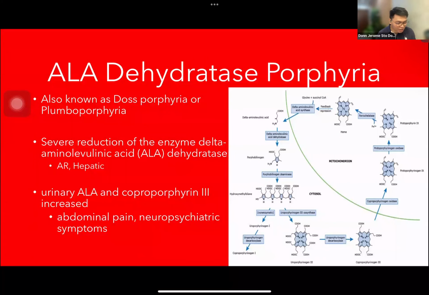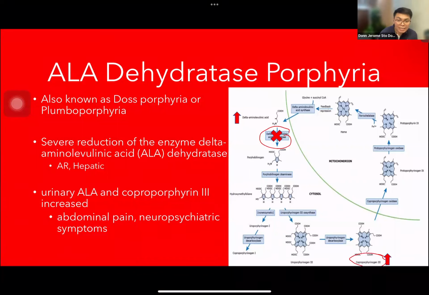This is due to a severe reduction in the enzyme ALA dehydratase. This is an autosomal recessive condition, primarily affecting the liver. But for unknown reasons, this patient would also develop an increase in coproporphyrin.